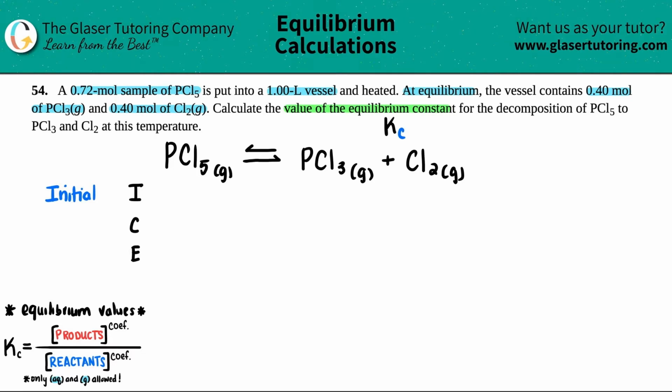So the first thing is I've got to find out what the initial molarity was for PCl5. Well, remember that formula: molarity equals moles divided by liters. If I had 0.72 moles and I had a 1 liter vessel, I would do 0.72 divided by 1 liter. And that would be my molarity.